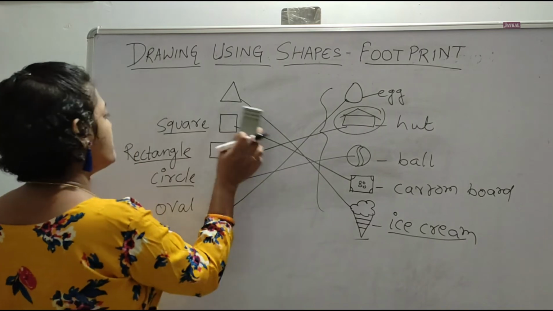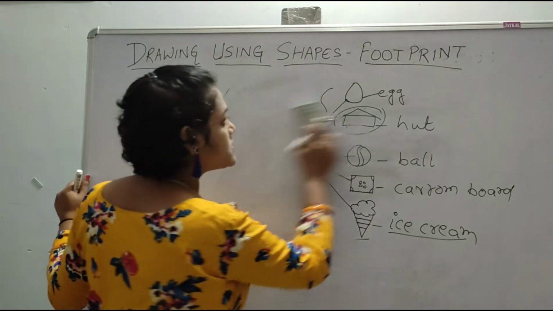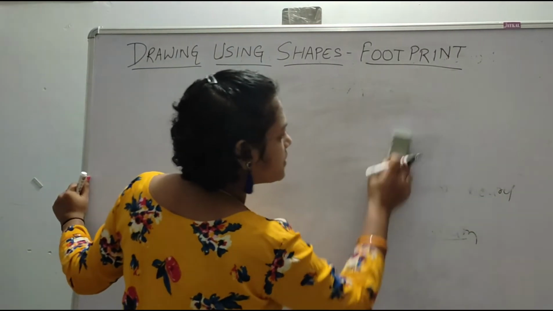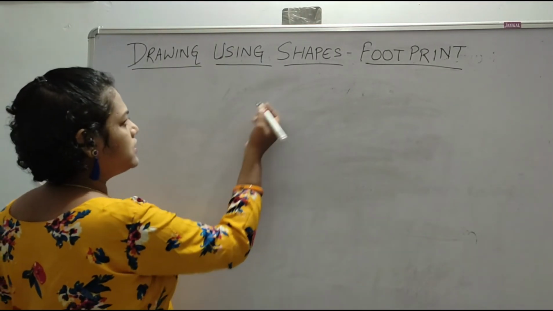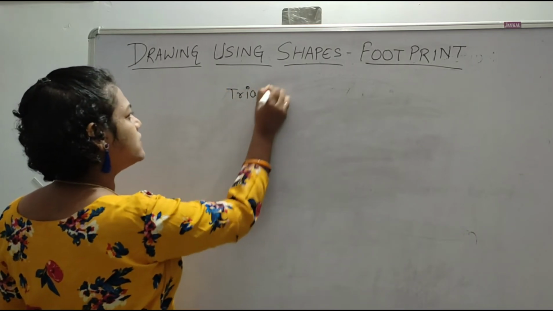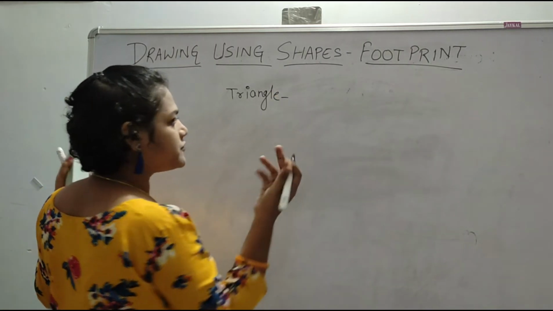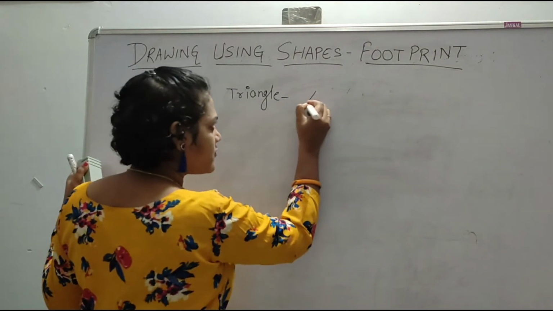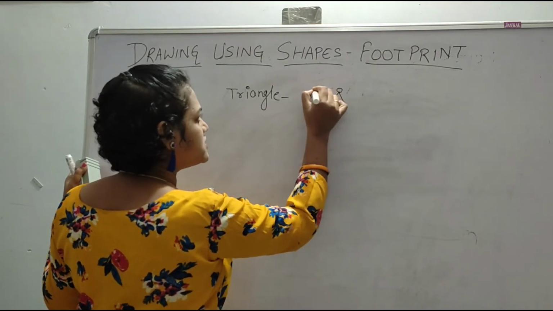So again, next we will see, with these shapes only I will draw some day-to-day examples, and how you can draw different shapes. Let us draw a triangle. How? Many people wear earrings, so I will draw earrings of that triangle shape.